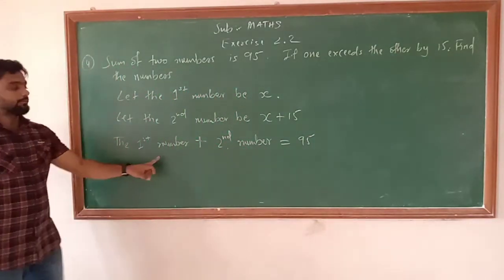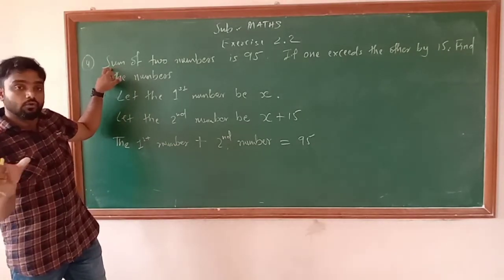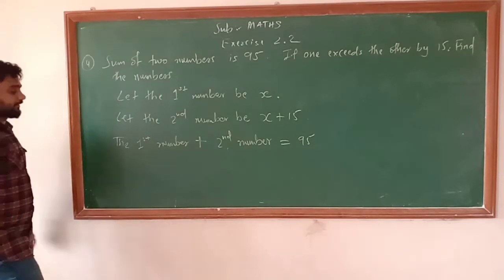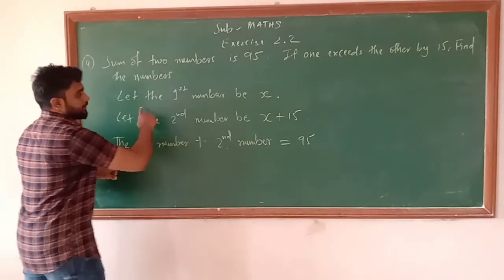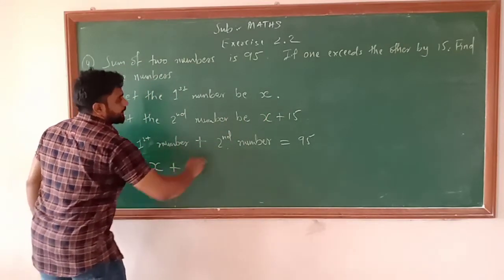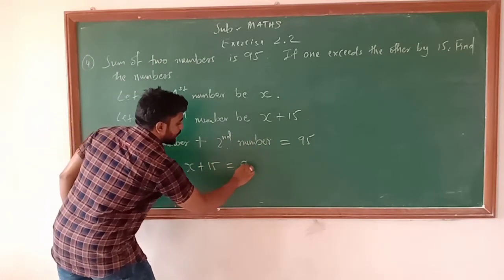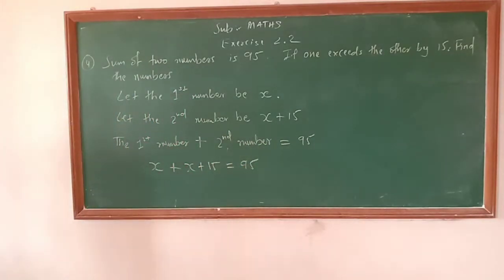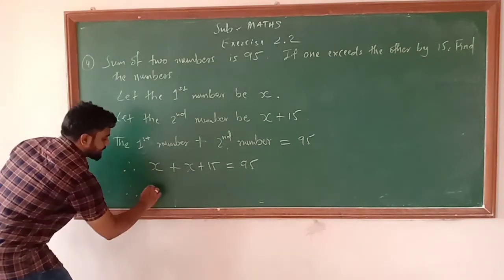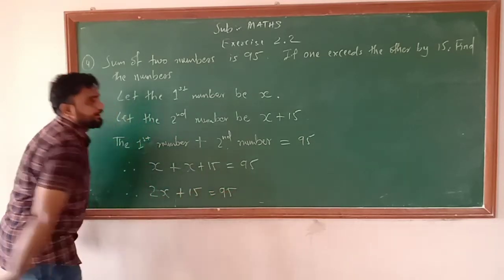Okay, first number plus second number, because here the sum means the summation of both. So the first number is x, plus the second number x plus 15, is equal to how much? 95. Okay. So therefore x plus x, that is 2x plus 15, is equal to 95.